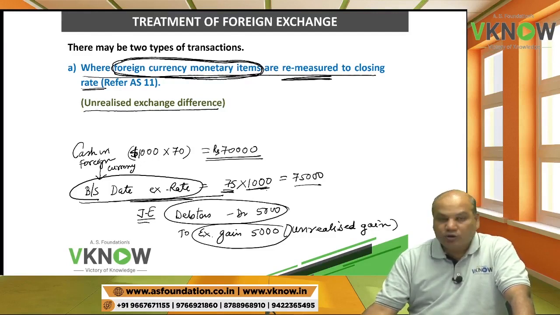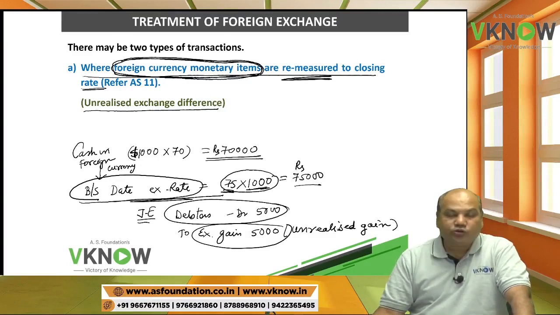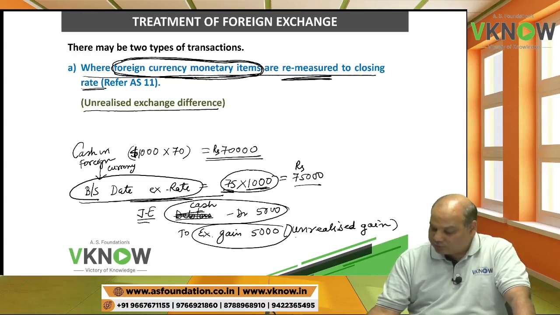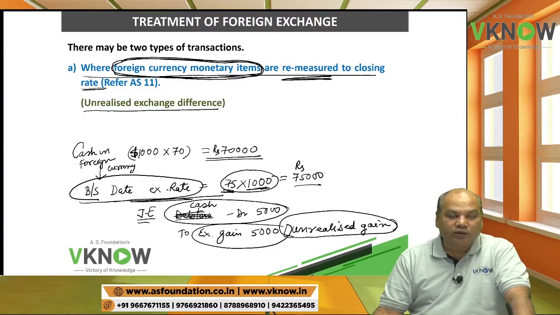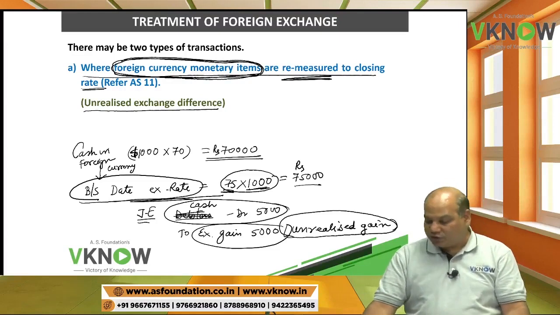So my cash in hand in dollar 1,000, its rupee value will become 75,000. So the journal entry would be cash account debit 5,000 to exchange gain account 5,000, but this is also unrealized gain, because it is just the change in the value of exchange rate.